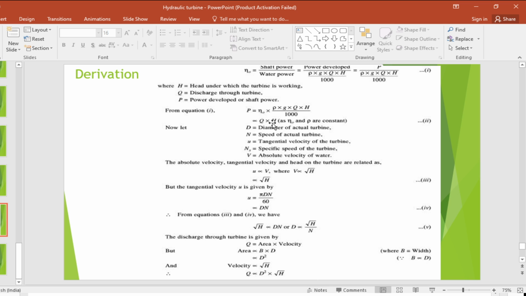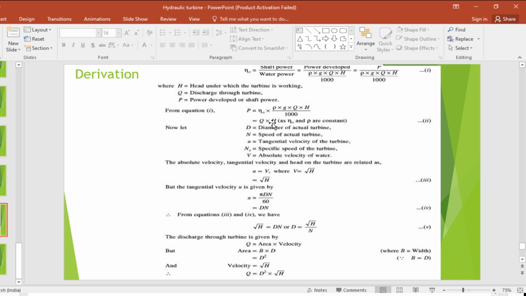For Q we need D, which is the diameter of the actual turbine, N the speed of the actual turbine, U the tangential velocity of the turbine, Ns the specific speed of the turbine, and V the absolute velocity of the turbine. Now the absolute velocity, tangential velocity and the head of the turbine are related to each other.